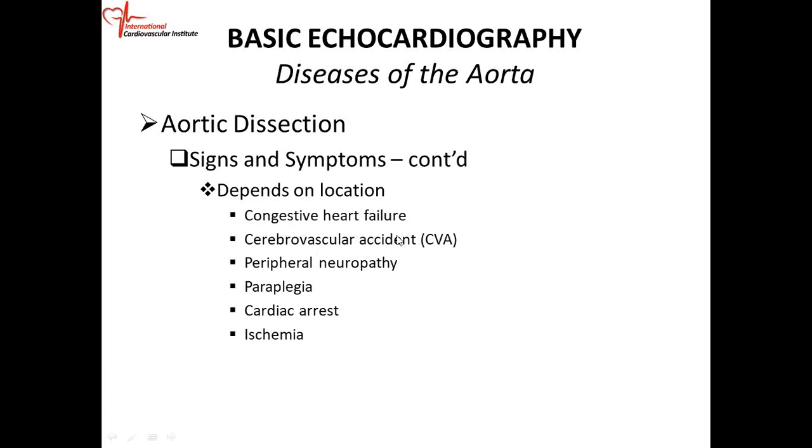The internal carotid artery goes to the brain, and if it closes off, the patient will present with a stroke. Peripheral neuropathy, because the blood supply to the nerves in the lower extremity and upper extremity comes from the aorta.